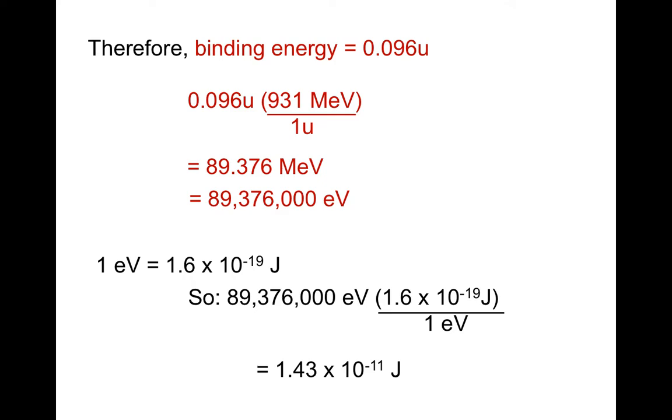Do that conversion. And so you can see this measured in joules now, which maybe is a little more realistic to you, right? So you have 1.43 times 10 to the negative 11 joules. So that's one example of using mass defect to determine how much energy that mass is.